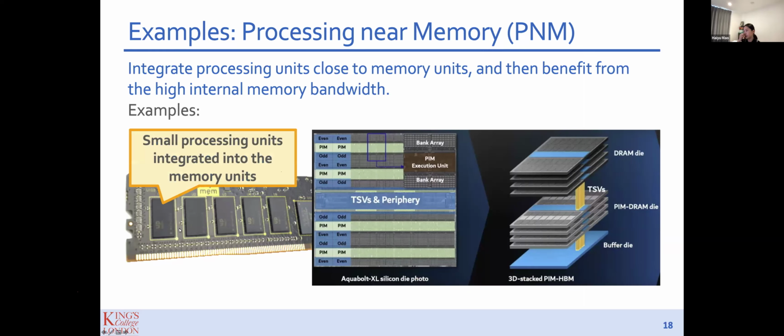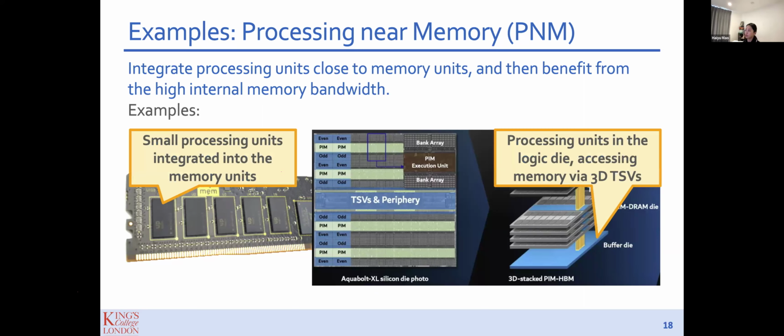And also here is another example of 3D-stacked PIM, HBM, where it stacks the processing units inside the logic die and accesses the memory via the 3D TSVs. So these are things focused on mostly by the industry.